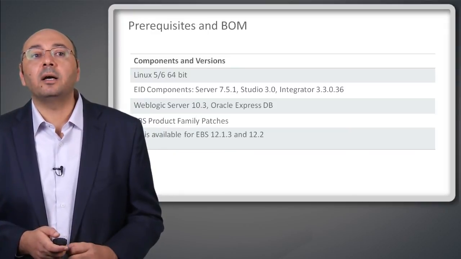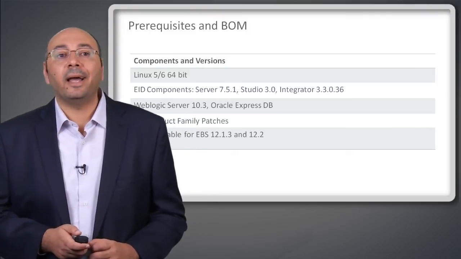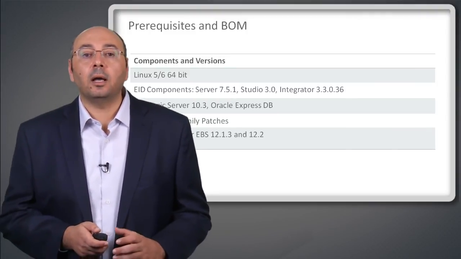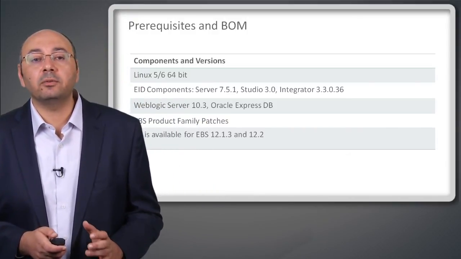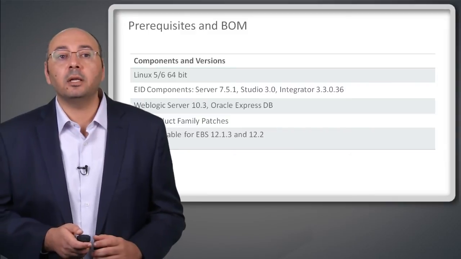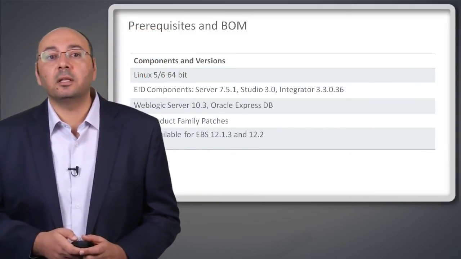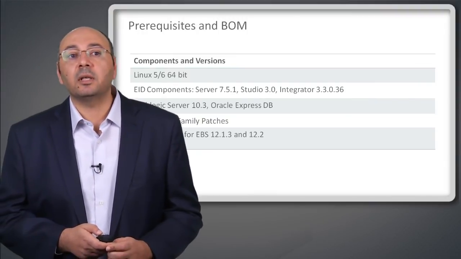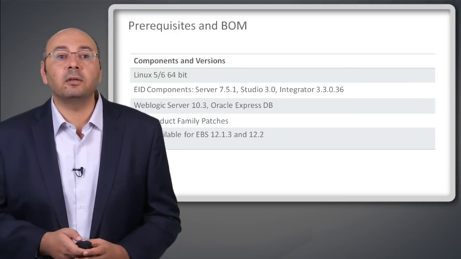Also, we have a web application server on that, and we have an Oracle Express database as the initial database. If you need to migrate to the EBS database, we have the steps mentioned for how you can migrate from Oracle Express to the EBS database. We also have EBS product family patches that are needed, and as I mentioned, V5 is available for 12.1.3 and 12.2.